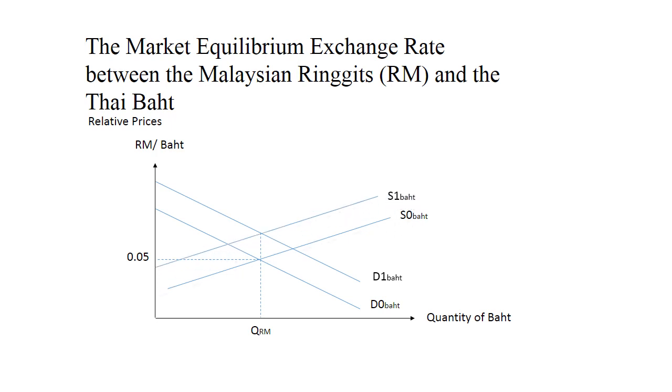So you can see that the exchange rate also will change from 0.05 to 0.1. So it means that before this, 1 baht is equal to 0.05. Now 1 baht is equal to 0.1. So it means that Thai baht will increase and then ringgit Malaysia will drop.